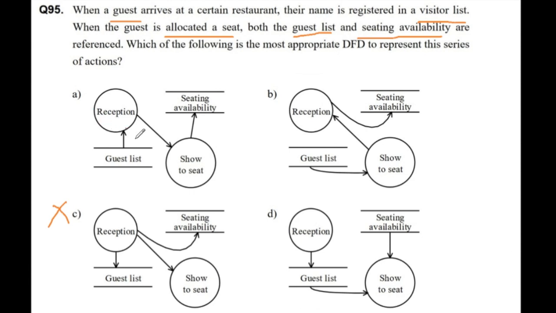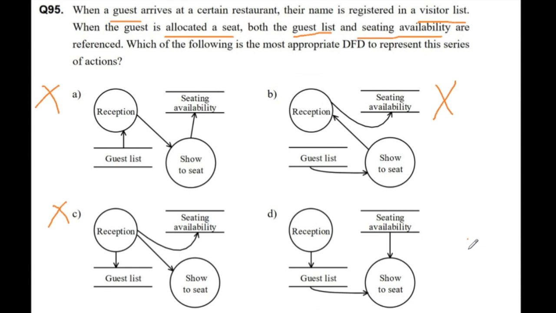For letter A, show to seat is connecting to seating availability, but the guest list is not directly connected to it, so we put an X mark here. Letter B, we have a show to seat here and then guest list connected to it, but seating availability again is not directly connected to it.